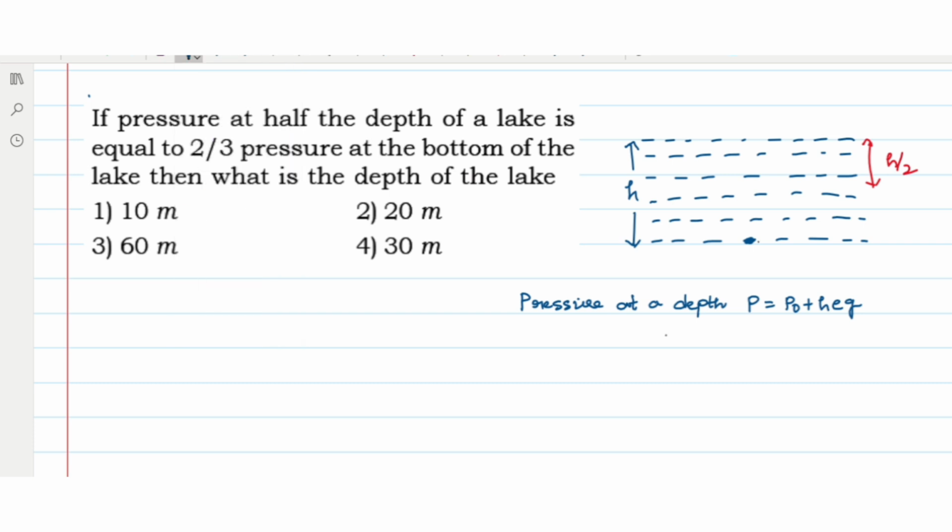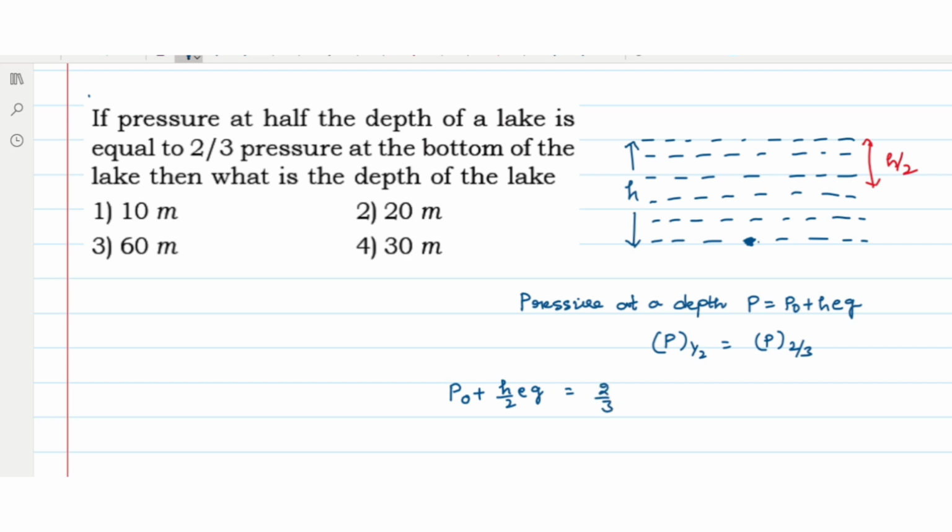Means P at half of the depth equals 2/3 of P at the full depth. Using the pressure at a depth formula, pressure at half of the depth is P naught plus, instead of h, h by 2 into rho into g, which equals 2/3 of the pressure at the bottom of the lake.